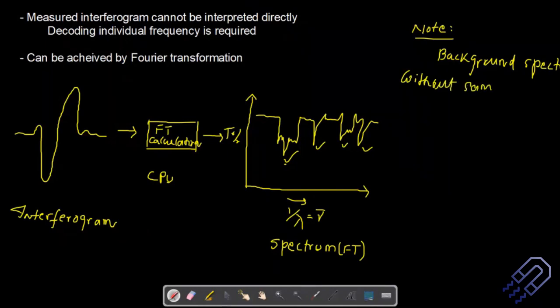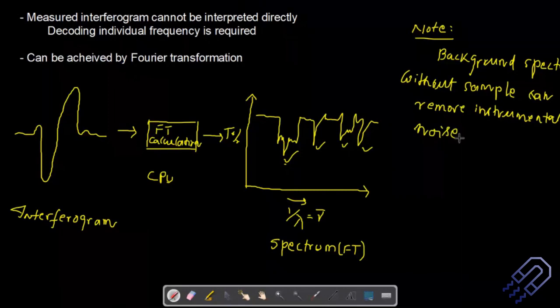If we don't take the sample, we can have a background spectrum, sorry, and it can remove instrumental noise. So you can have noise because of the instrument or because of the properties of the surroundings. Instrumental noise.